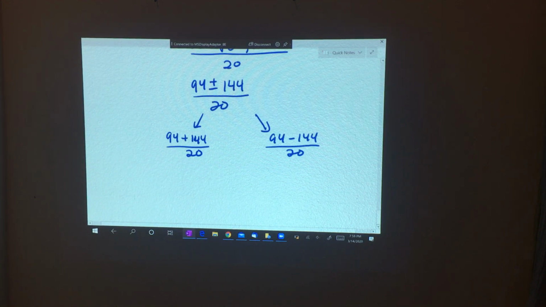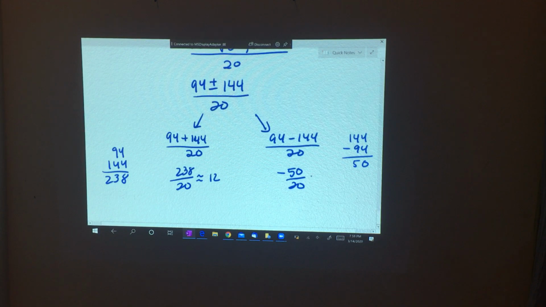So, let's see, I'm going to add these two together. And let's see, 94 and 144 is 238. And this is approximately 12. When I have a positive and a negative, I subtract. And I get 50, that's going to be negative 50 over 20. And this doesn't really matter.